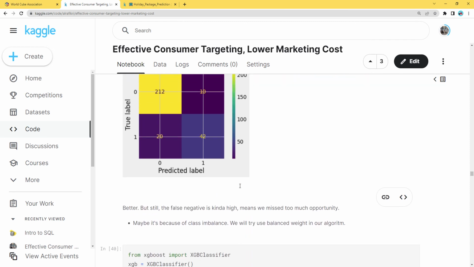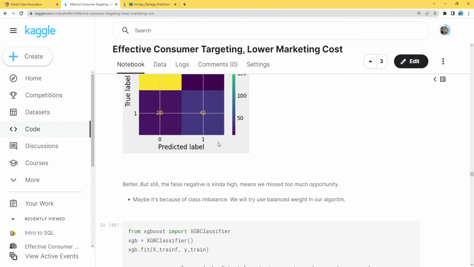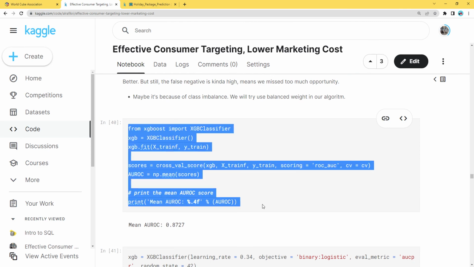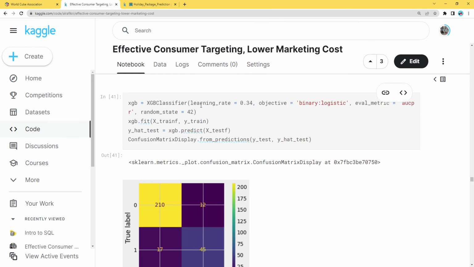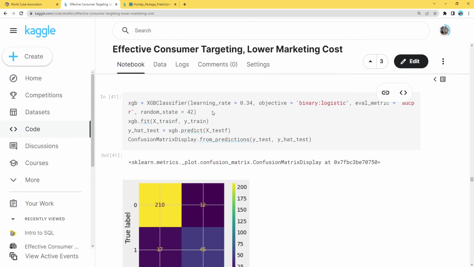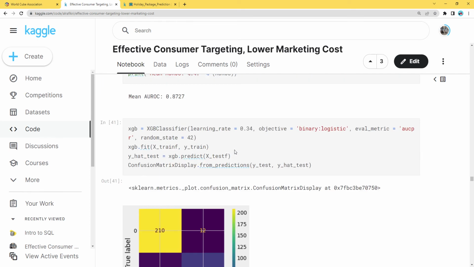Okay, so it means that we actually reduce the ineffective marketing, and we don't waste too much, but we still want to improve it. So we try to use XGBoost, and here is just manual tuning from me, and from the tuning we got this confusion matrix, so it's better than the random forest, right?